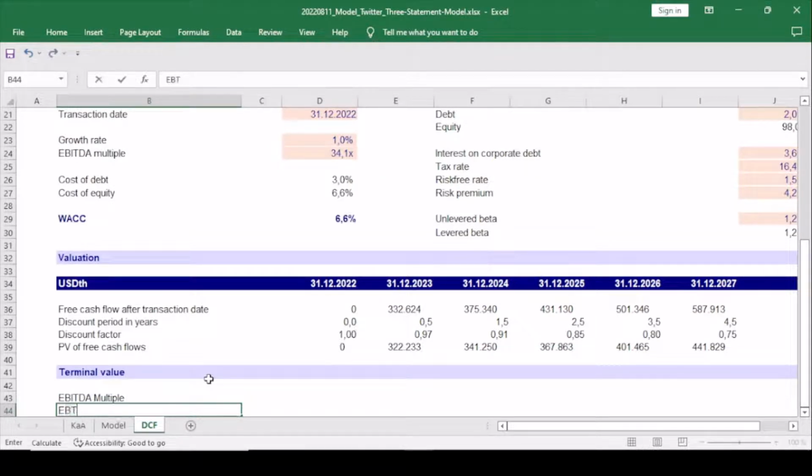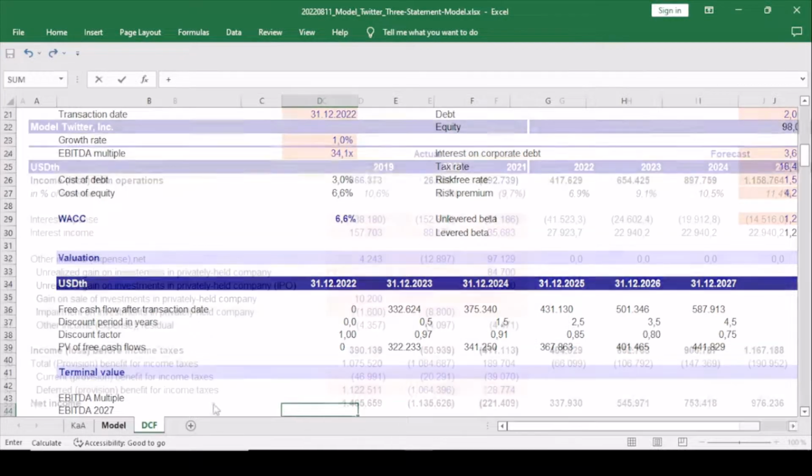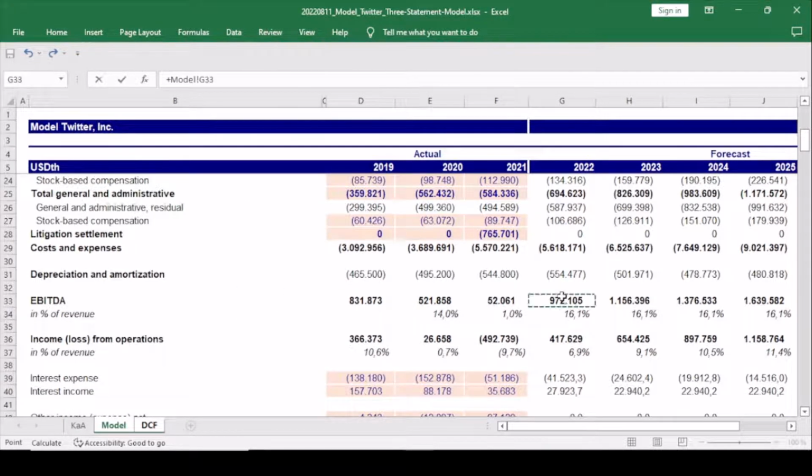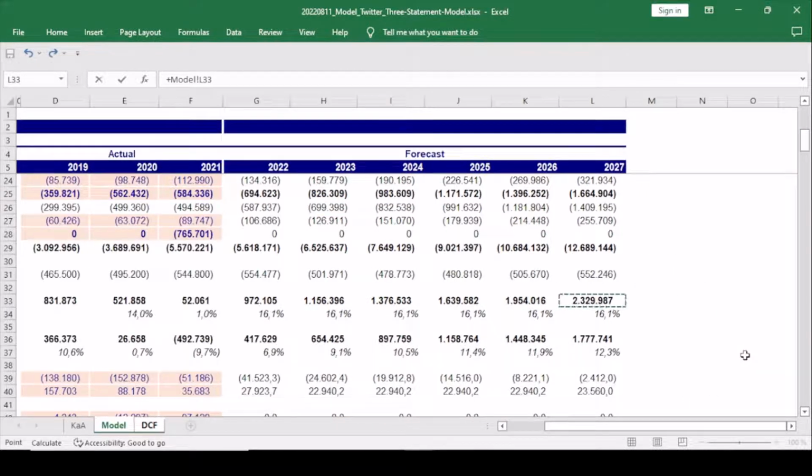So what we link is EBITDA 2027, which we calculated in our model.